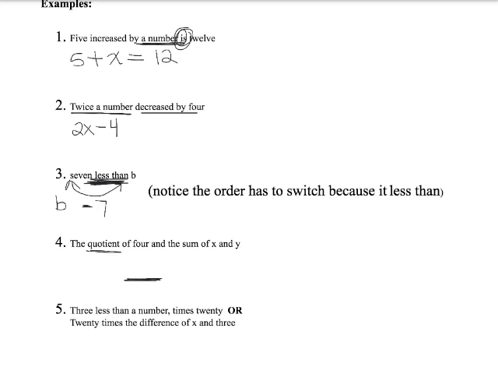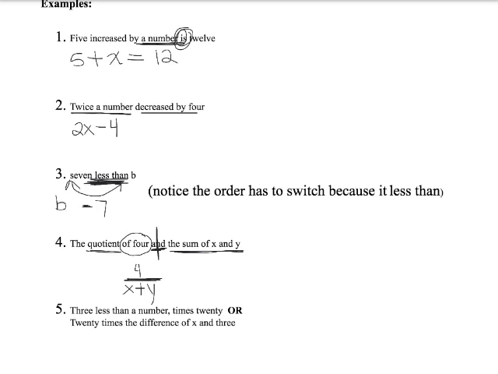When it tells you the quotient, this word and here is like splitting up what you are dividing. On this side of the word and is the number 4, so 4 is your numerator. This is the part you're dividing by: the sum of x and y. Sum means adding, right? So x plus y. So that would be the quotient of 4 and the sum of x and y.